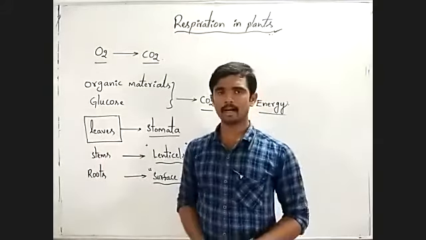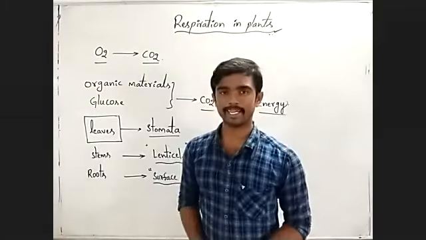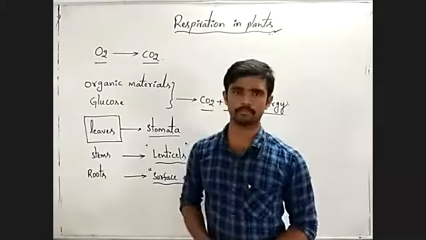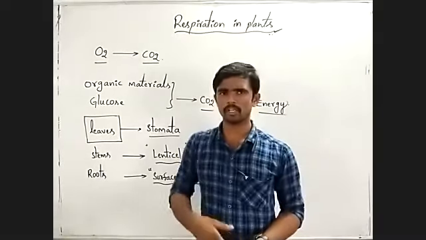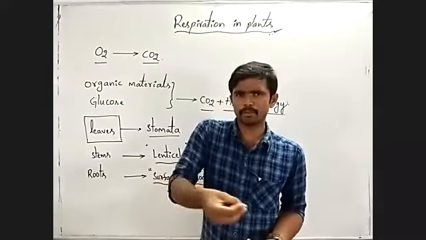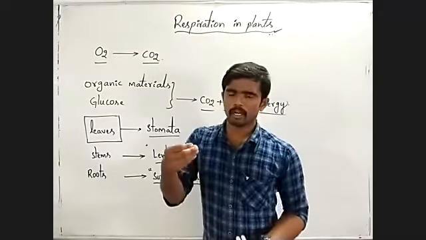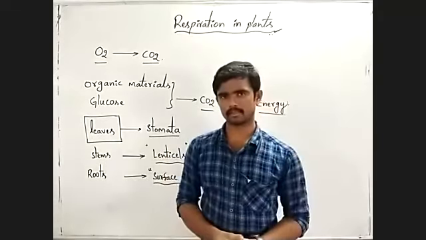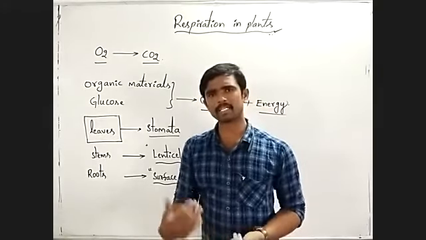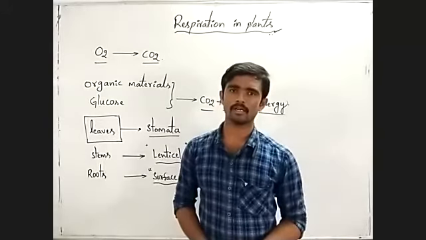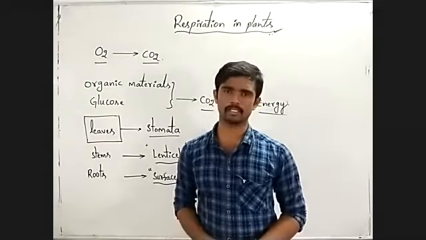Close to the atmospheric air is the first reason. But in animals, this type of condition is not present. Cells are situated very deeply at very long spaces. But in plants, maximum cells are located in contact with the atmosphere. This is the first reason.